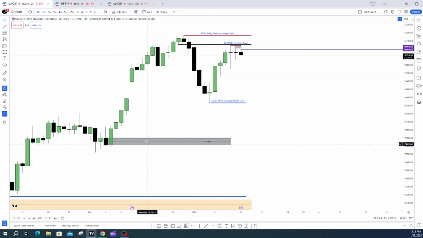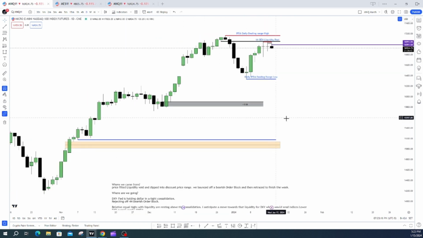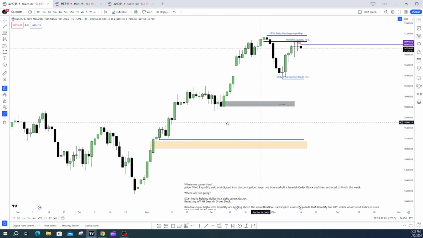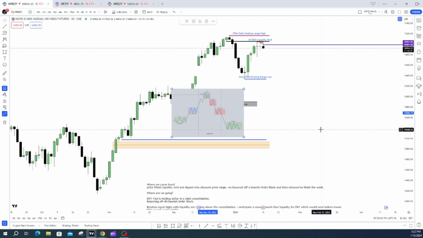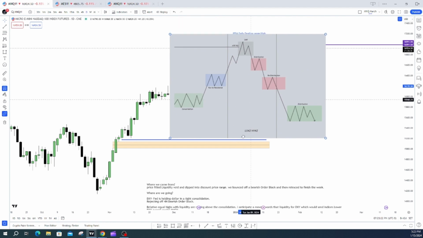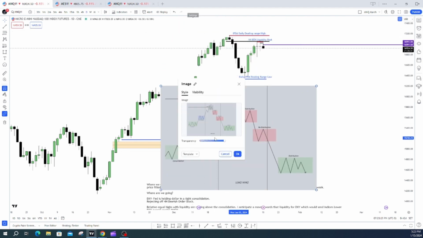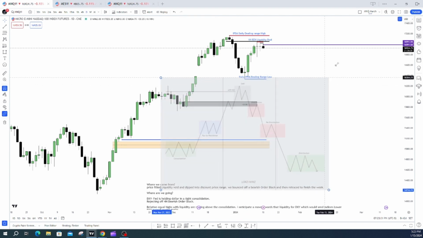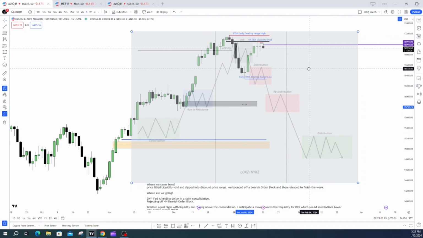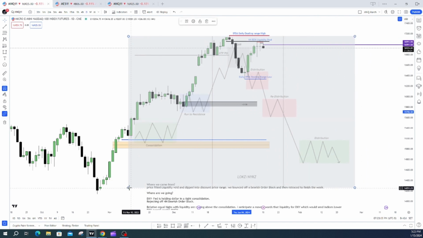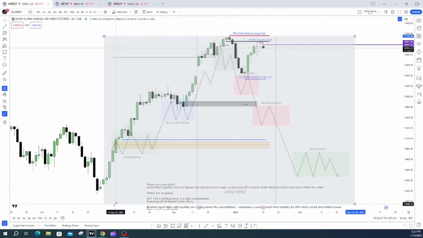Now, I have these levels marked out, and I'll show you why. So, if we bring that graphic back up, I'm just going to put a little bit of lipstick on it here, make it a little translucent. Then I'm just going to overlay this with the current market that we have right now.